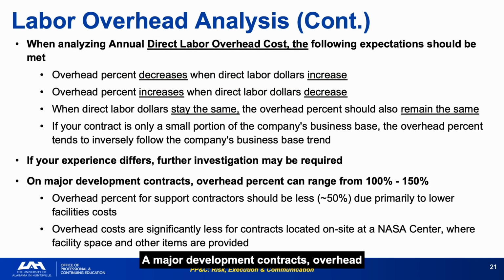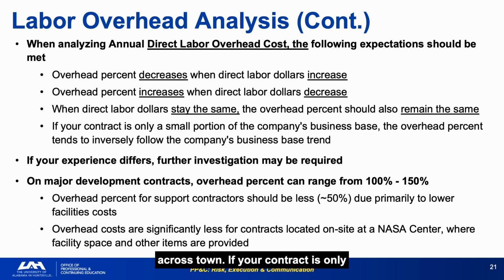On major development contracts, overhead can range from 100 to 150% of direct labor costs, a figure that surprises people from environments with simpler cost structures. The on-site versus off-site distinction is practically important. A contractor with an office in NASA's building has dramatically lower facilities overhead than one running their own facility across town.